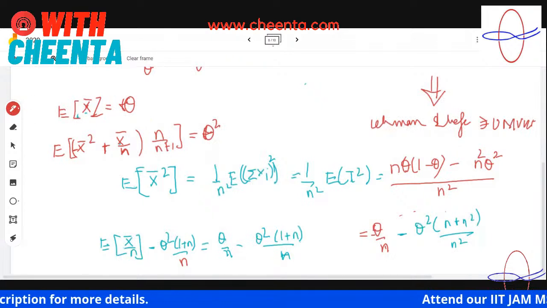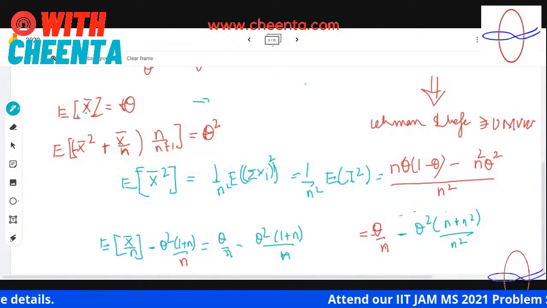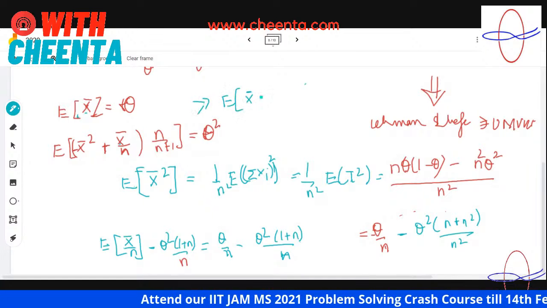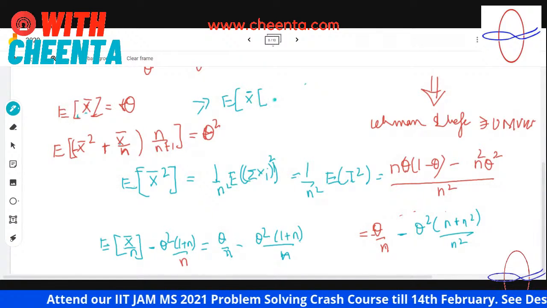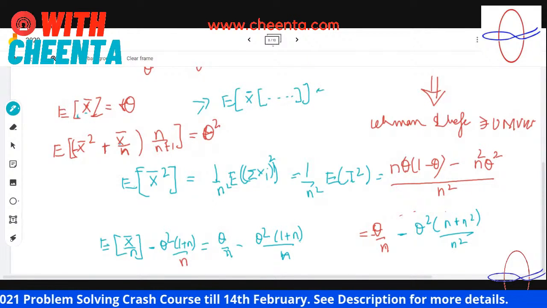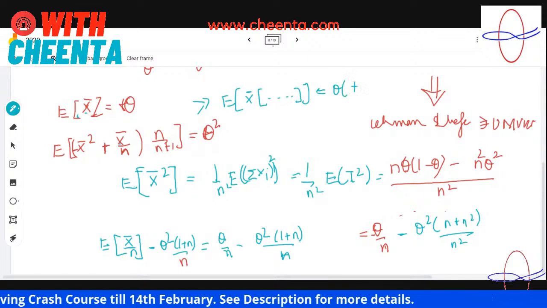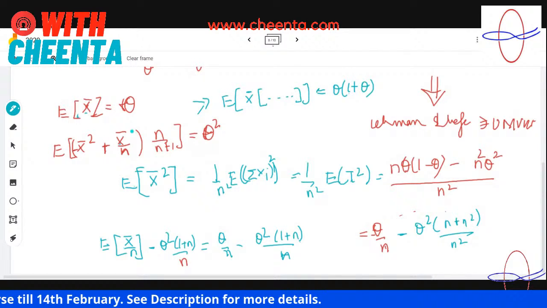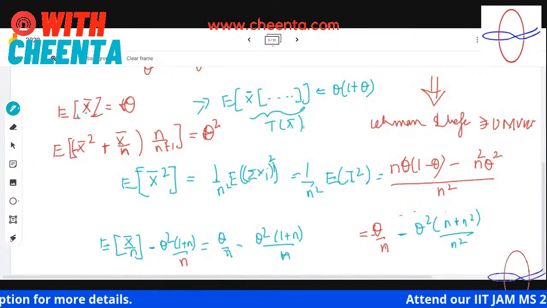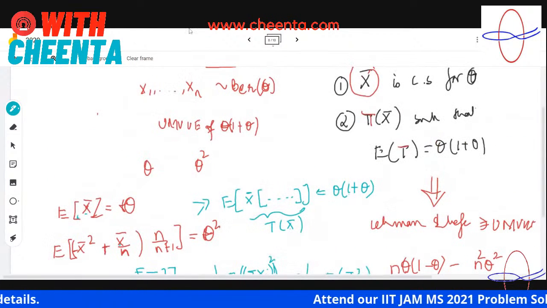So now add it up. If you add it up, you get that the expectation of x bar times, if you take something common, that thing is equal to theta into theta plus 1. So you get a function inside which is a function of theta, t of x bar, and you find that t of x bar is this.